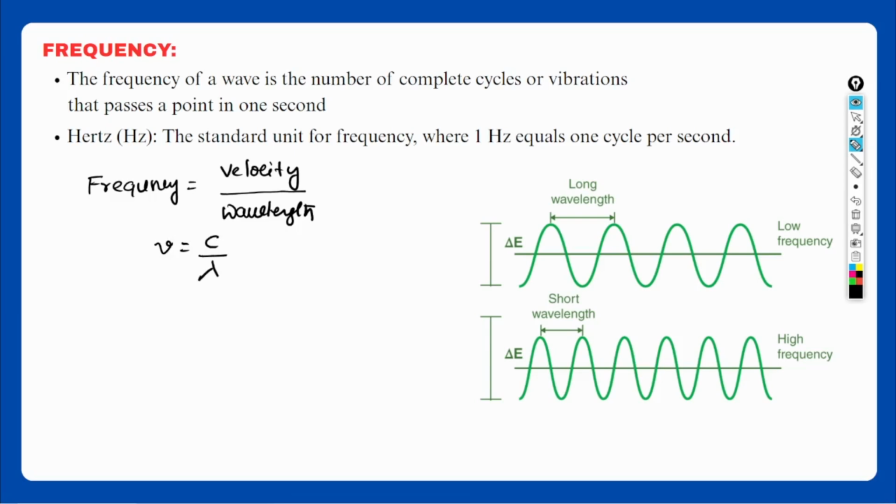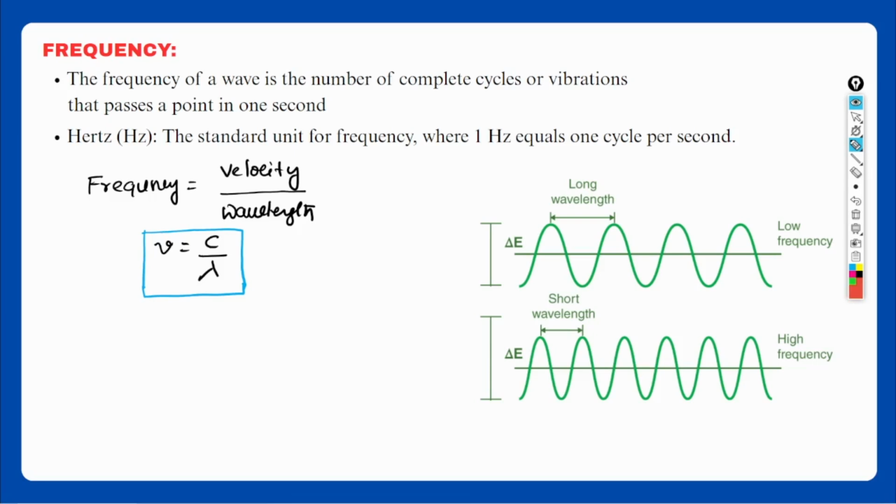This formula is used to calculate frequency if you know the wavelength, and the velocity is already a fixed value, that is 3 into 10 power 8 meter per second. If you know the wavelength, then you are able to calculate the frequency here. Clear?